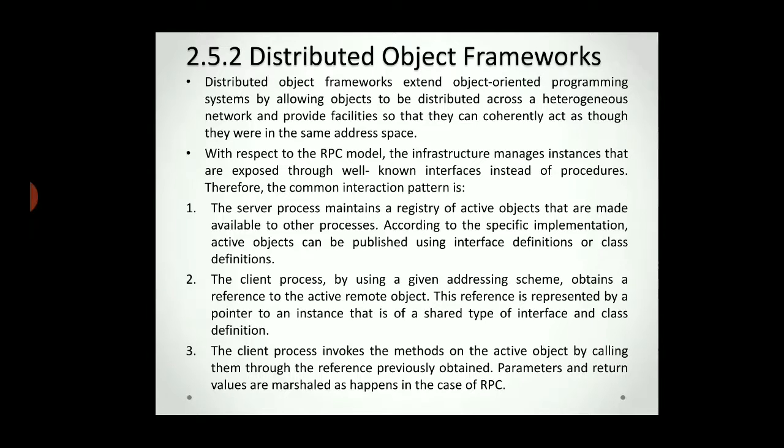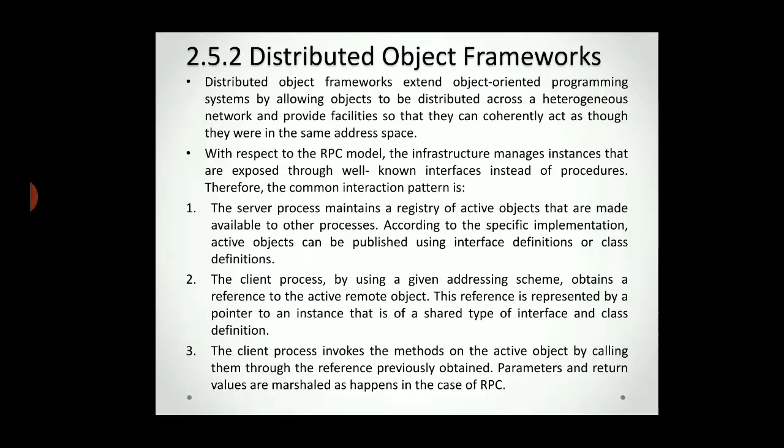Second, the client process, by using the given address scheme, obtains a reference to the active remote object. This reference is represented by a pointer to an instance that is of a shared type of interface and class definition. Third, the client process invokes the methods on active objects by calling them through the reference previously obtained.